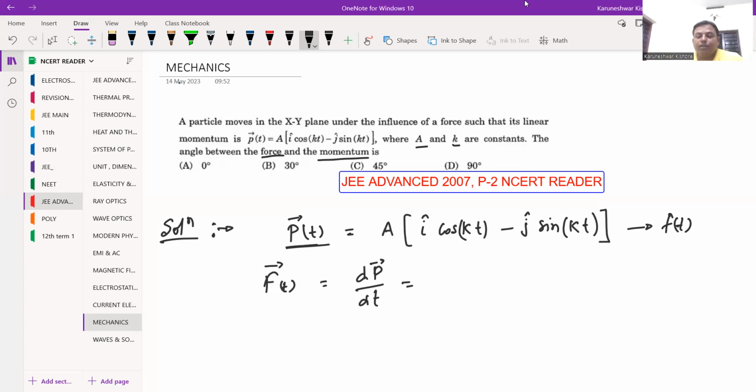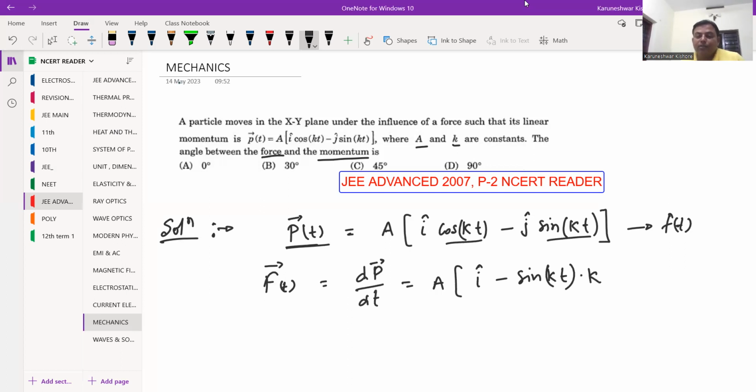So a is a constant here. We only have to differentiate the cos kt and then the sine kt. So this is a, and I'm writing accordingly i. The differentiation of cos kt is minus sine kt, and by the chain rule we have to multiply by k.